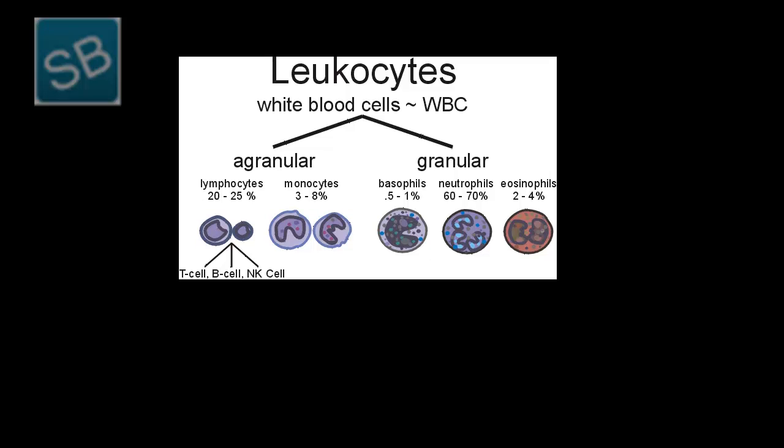First of all, let us understand about agranular leukocyte, which includes monocyte. Monocytes are considered as the largest cells of leukocyte, whose nucleus is kidney-shaped.